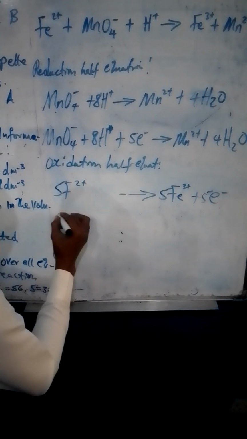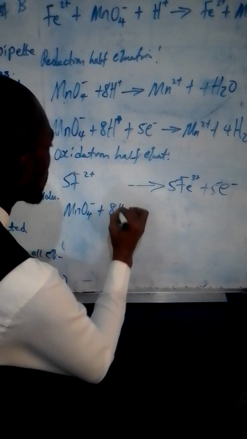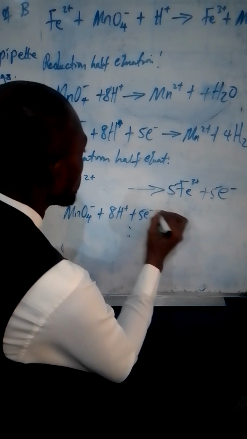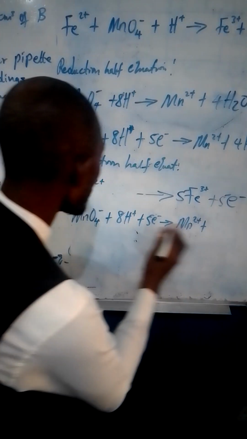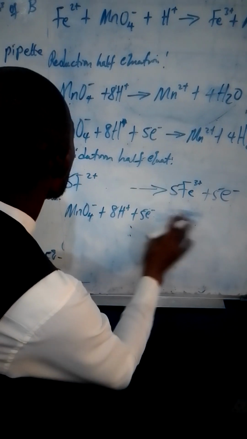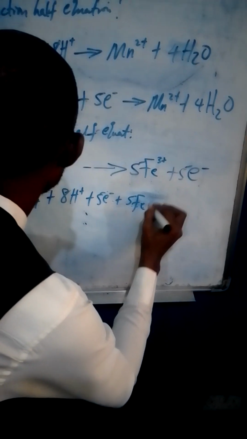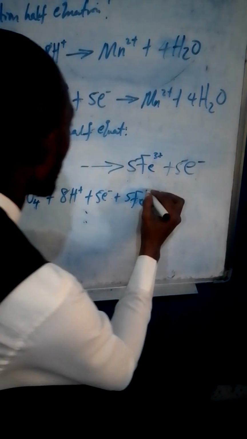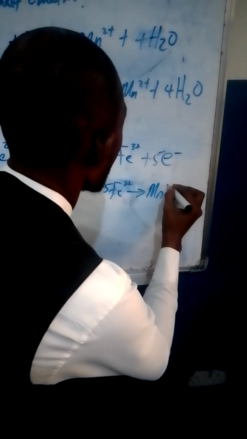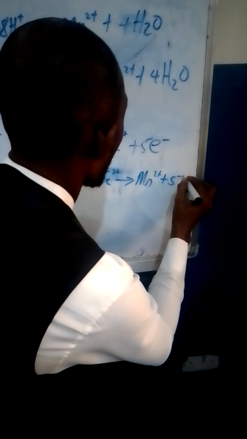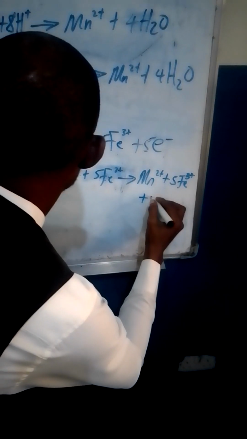So you have MnO4 minus plus 8H plus 5e minus plus 5Fe2 plus to give us Mn2 plus plus 5Fe3 plus plus 5e minus.